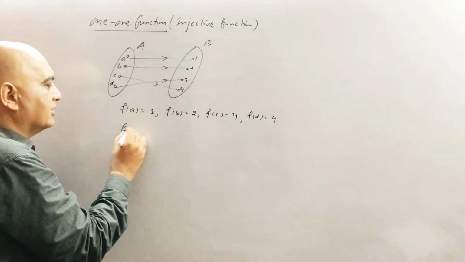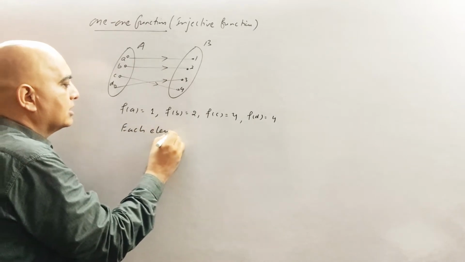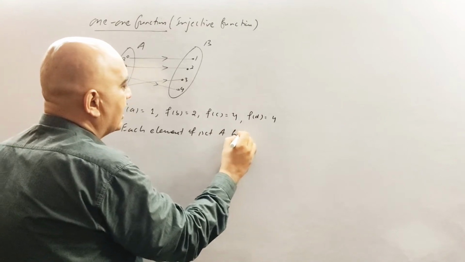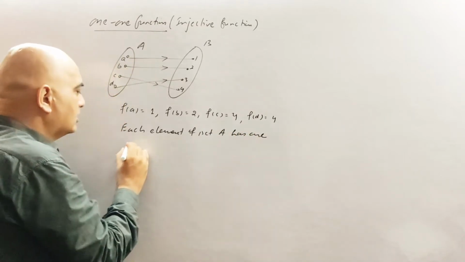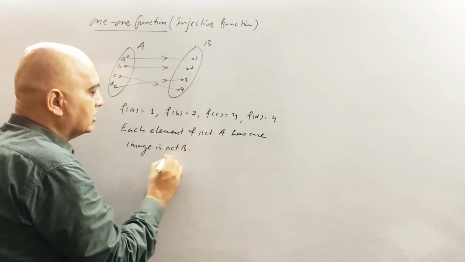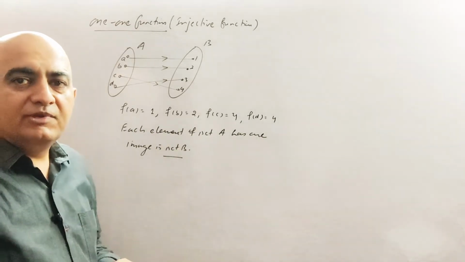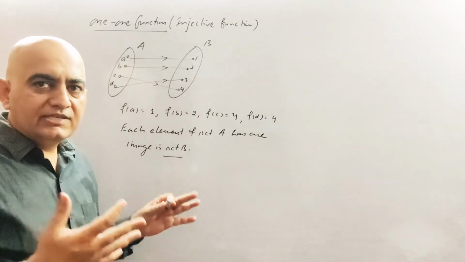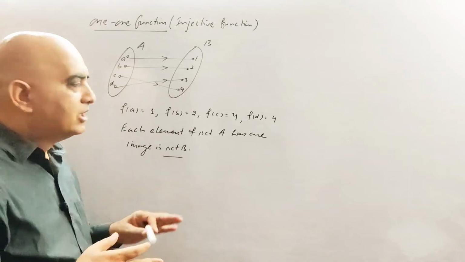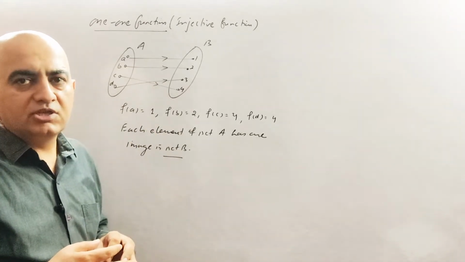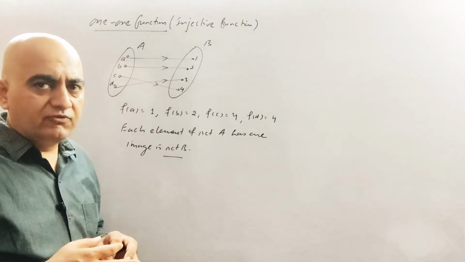Each element of set A has one image in set B. If such a condition is generated, then this type of function is said to be a one-one function, or it is also called an injective function.